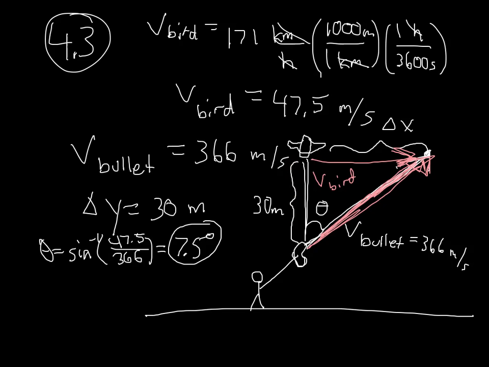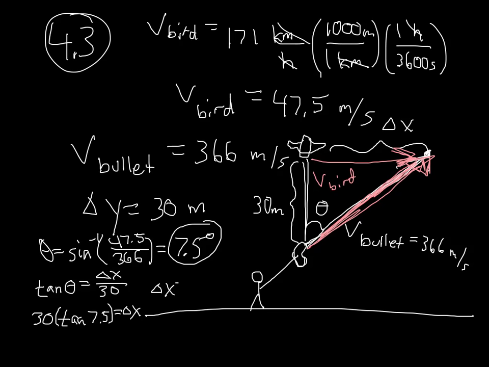How big is that? 30 meters. So I can write down another relationship. Tangent of theta is the opposite side, that delta x, divided by 30 meters. So 30 meters times my tangent of 7.5 is going to give delta x.